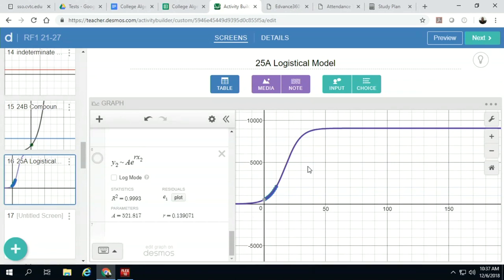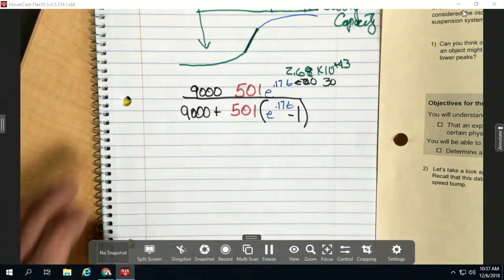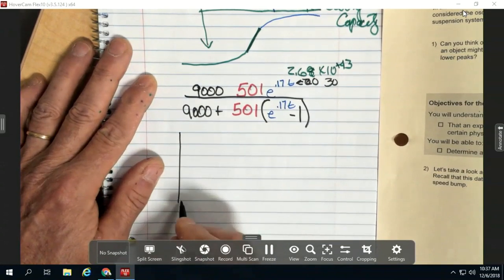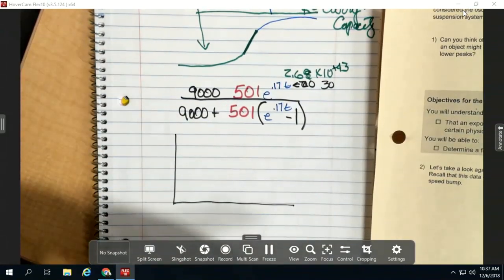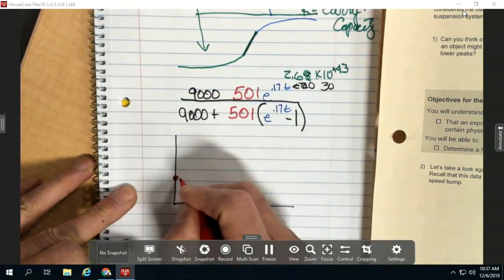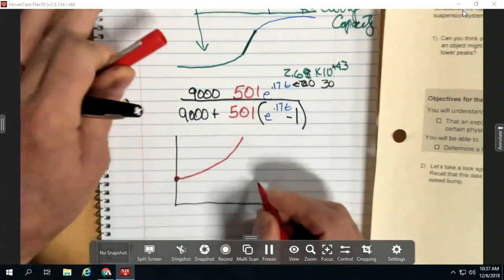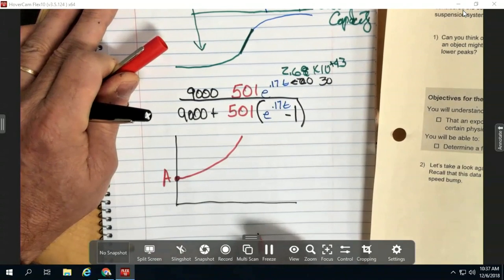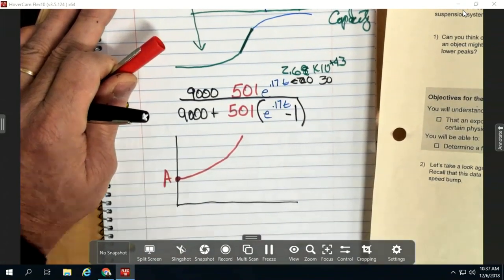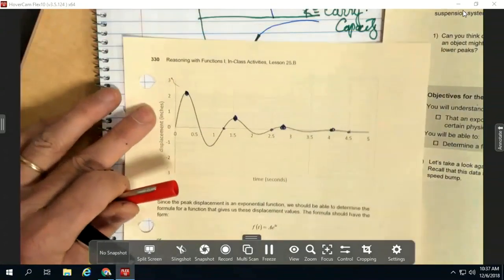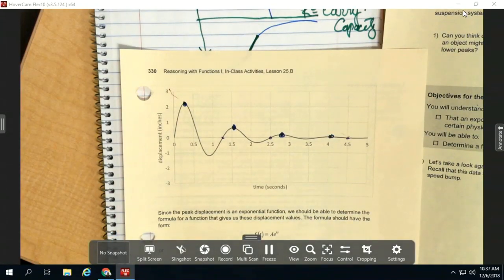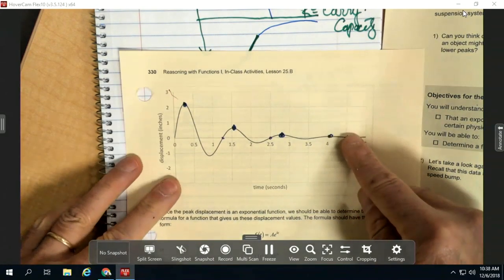We've been dealing with exponential functions, and in every case, the exponential functions we've been dealing with so far, we've known where this initial value, a, is. If you look at the graph on page 330, you don't know where it's going to backtrack to.